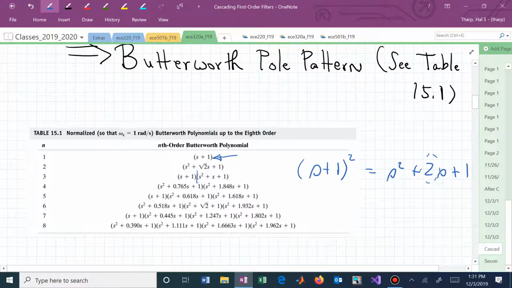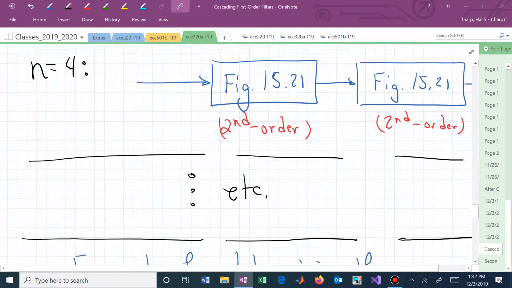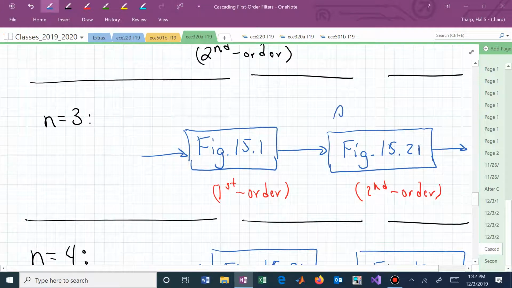But now if we want that second order factor to have slightly different coefficients, we now want, in our third order case, this one is now s squared plus s plus 1, and this is s plus 1, to obtain the normalized first order filter behavior.